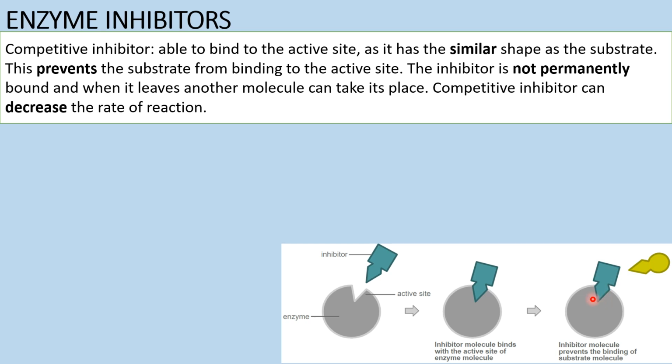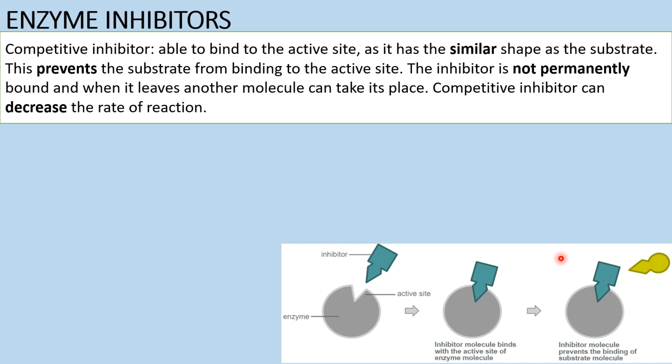Now the key thing to understand is this inhibitor, which is bound here, does not stay there forever. After some time, it comes off. So this inhibitor is not bound to the active site permanently. When it leaves the active site, another molecule can take its place. It can be the inhibitor, or it can be your substrate.